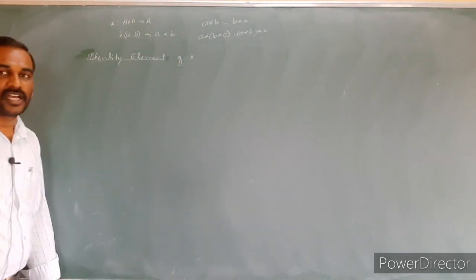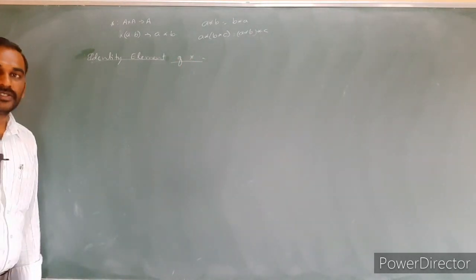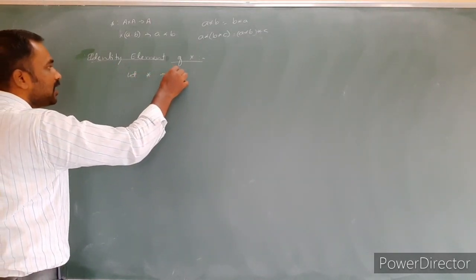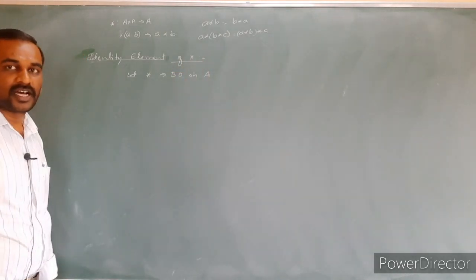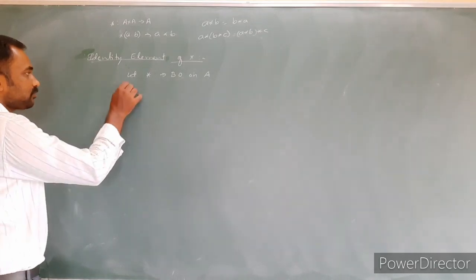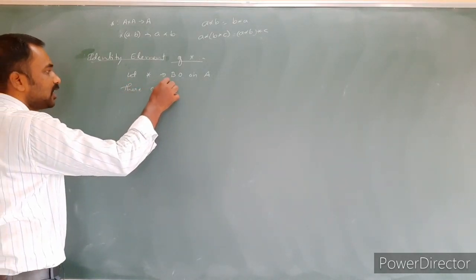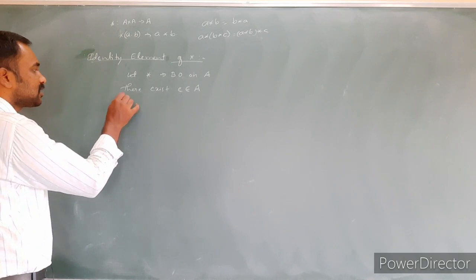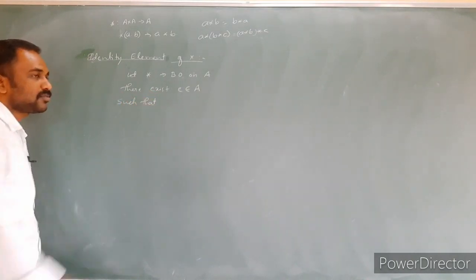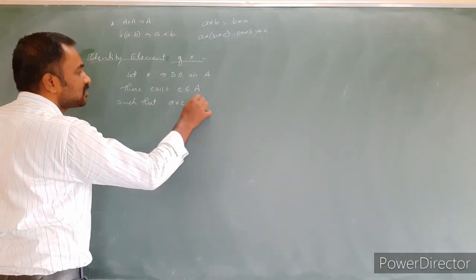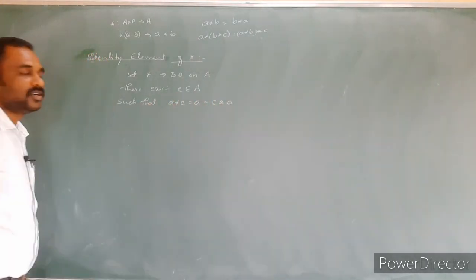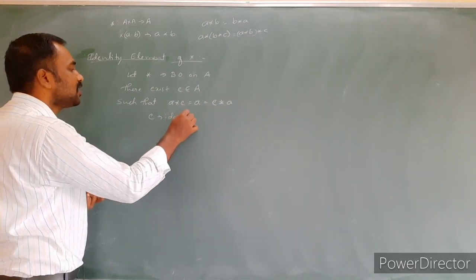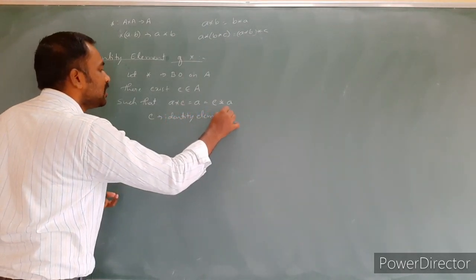To define it, let star be a binary operation on a particular set A. Then there exists an element E which is present in the given set A, such that A star E is equal to A as well as E star A is equal to A. If this condition is satisfied, then we can say that E is the required identity element.